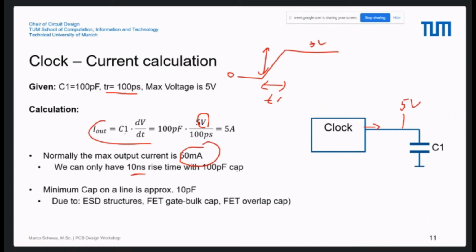If you have a 100 picofarad cap, of course, if you decrease your cap here, you can have a faster rise time, which also means a higher clock frequency. And normally you will always have a minimum of approximately 10 picofarad because of the ESD structure, the FET gate capacitance, or all the parasitic capacitance of your system.